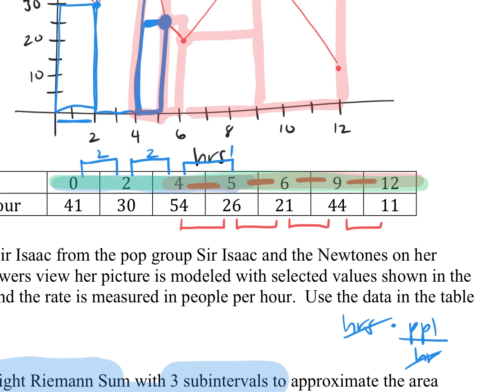So I'm going to split this into from 0 to 4, from 4 to 6, and from 6 to 12. Okay, again, the change of x of all of those are not going to be the same, but that's what we're given, so we're going to use those sub-intervals because we know what the rate is at that point. Okay?